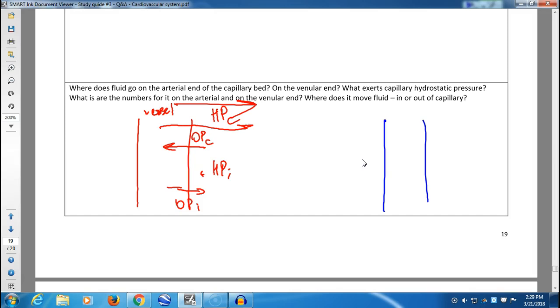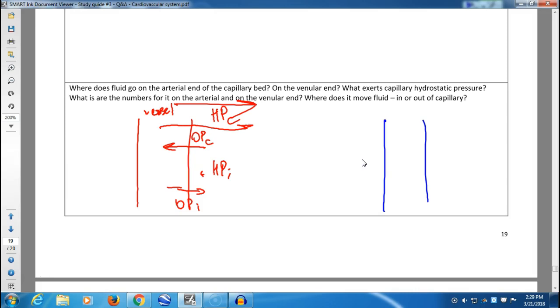The only pressure on the venular end that changes is which one? Hydrostatic capillary, right? Because technically hydrostatic capillary pressure refers to which circulatory parameter? Blood pressure. So blood pressure in the venular end is lower, so hydrostatic capillary pressure is lower.